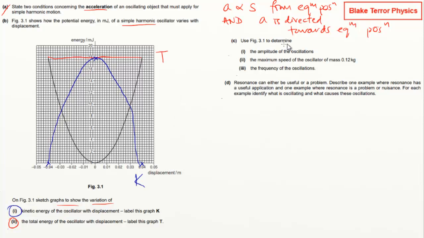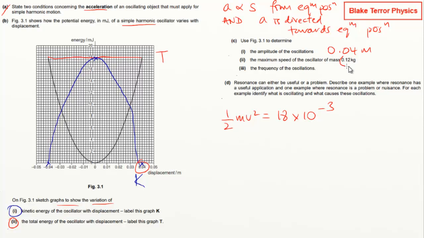And now we need to use these graphs to determine the amplitude of the oscillation. So that's the maximum displacement, which you just read straight off, 0.04 meters. The maximum speed: we've got maximum kinetic energy, so half mv squared is going to be equal to this 18 times 10 to the minus 3 joules that we've got there.